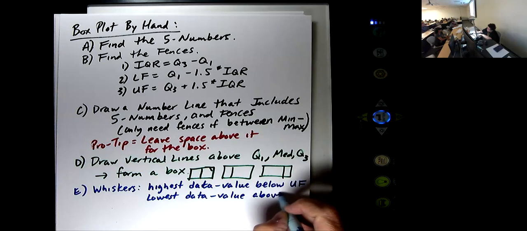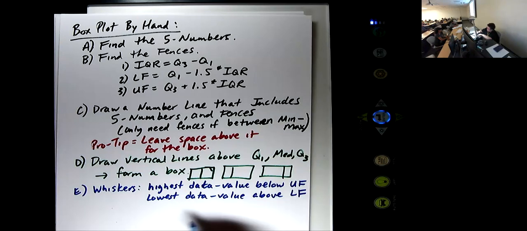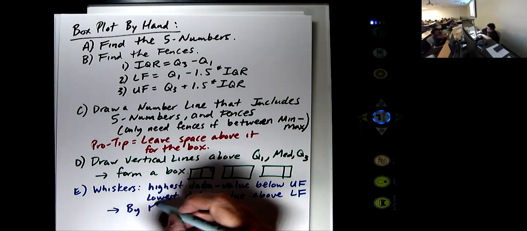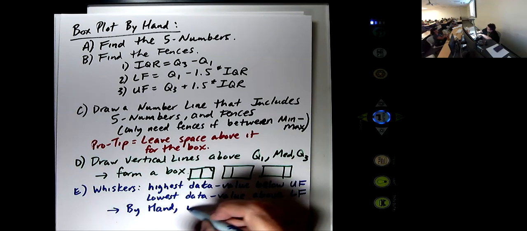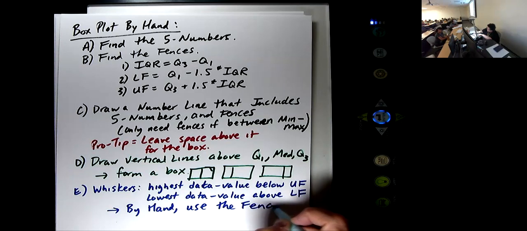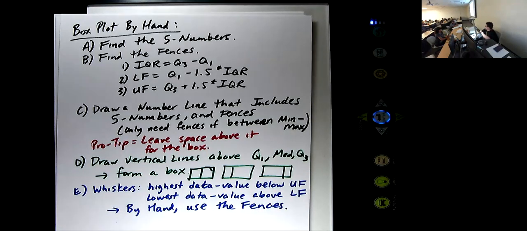This is what the computer does. What you'll do by hand is just use the fences. Going through the data and figuring out what those values are is a pain in the ass. When I do it by hand, I'll show you when the computer has a different result, and you'll see what I'm talking about.